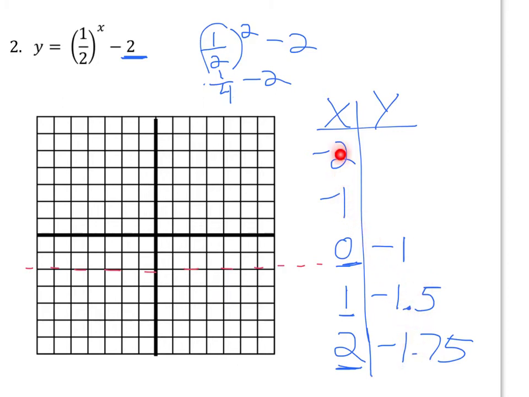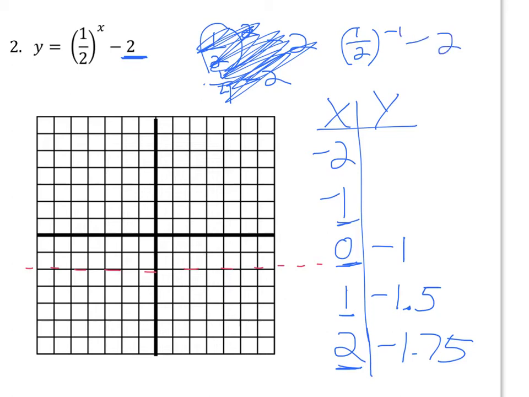Alright, let's plug these negatives in. Let's plug -1 and -2 in for x. If I put in -1 for x, I'm going to have 1/2 to the -1 and then -2.